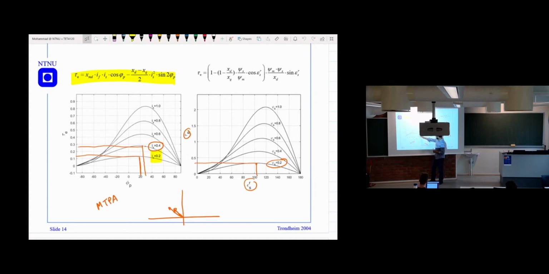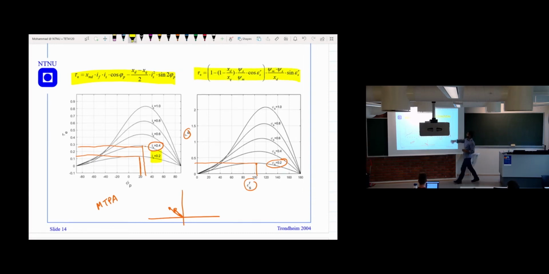If you increase the current, for example to 1 per unit, then you get a higher maximum torque, and the angle is close to 35 degrees. So based on this angle, we can get the maximum torque from the PMSM machine. This is one way of representation, and another way of representing the torque is this equation.